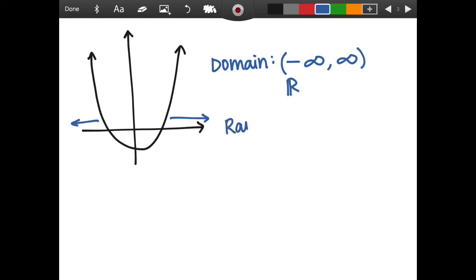The range in this case, however, so let's say this is -3 or something. It's including -3 because the line is touching at -3, so it's going to be a bracket -3. But it goes all the way to +infinity, and infinity is always a parentheses. So that's how we would write the domain and range.